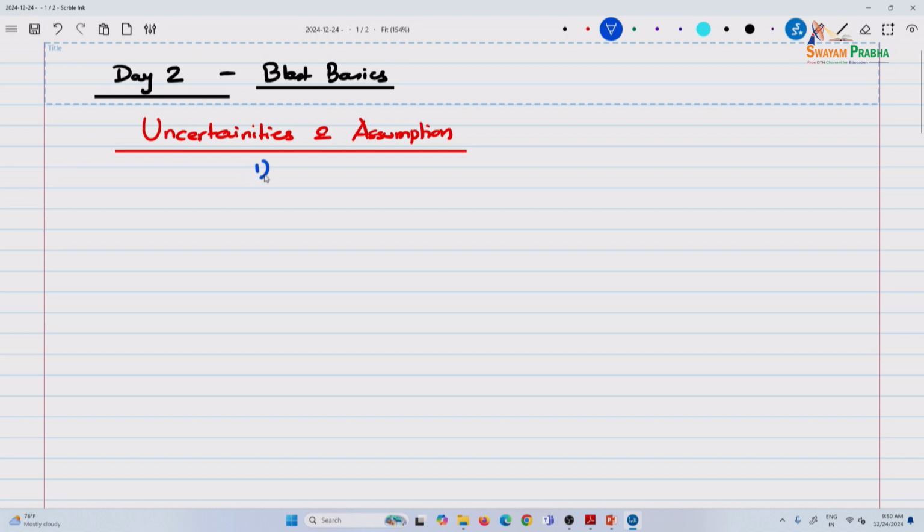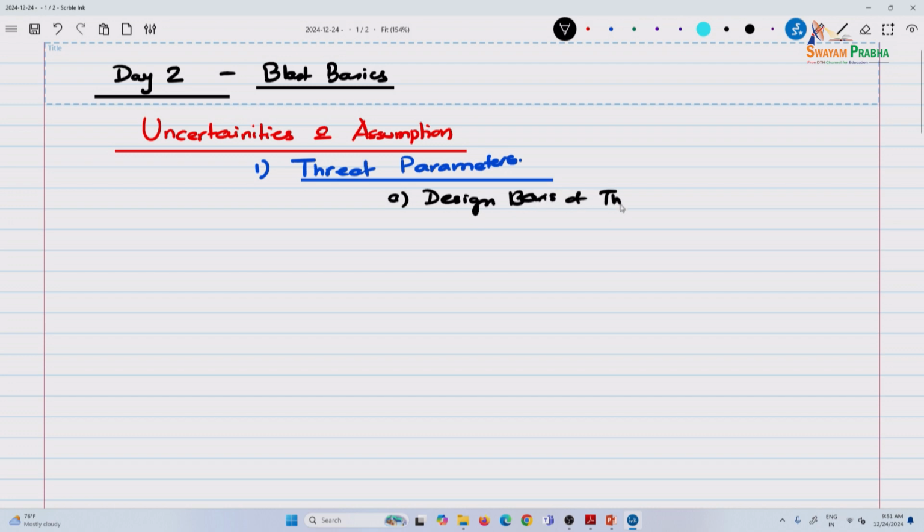What are all the different uncertainties? The first one, as we talked yesterday, is the threat parameters. And the threat parameters come in terms of the design basis threat, namely W and R. So kg and meters are the standard units.